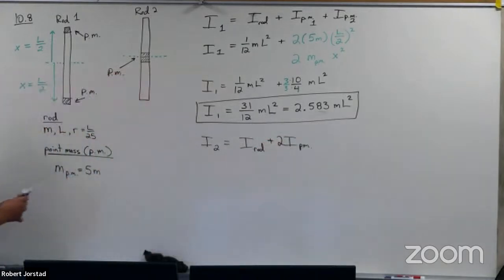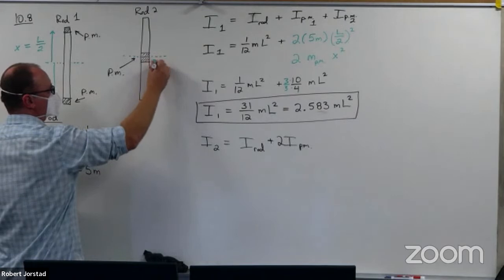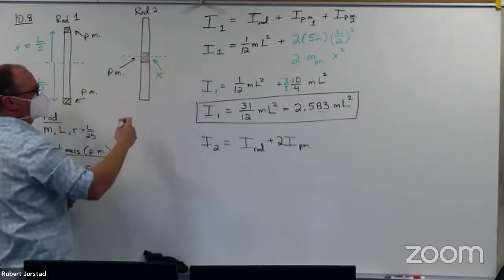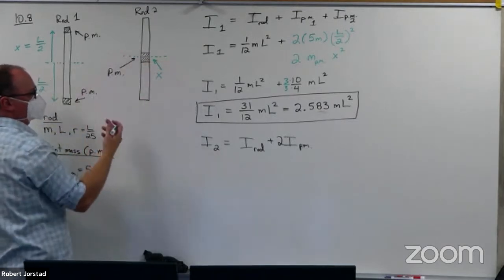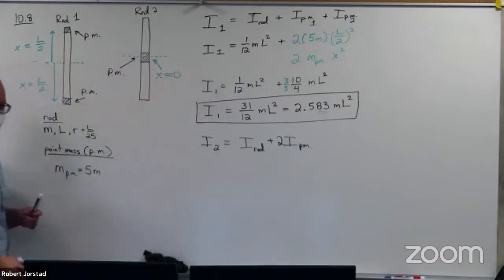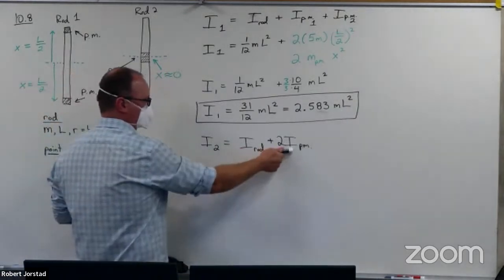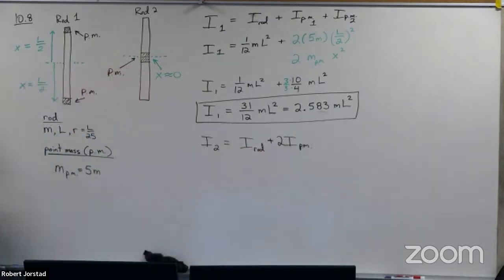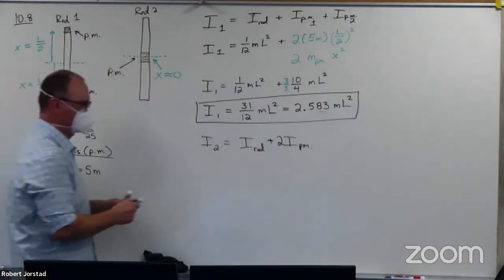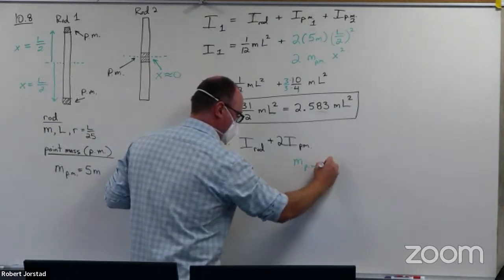What is the value of x in this case, approximately? How far are these masses from the rotation axis? They're basically 0. All right? In this case, what happens to the I of the point mass? Remember, that's m of the point mass times x squared.